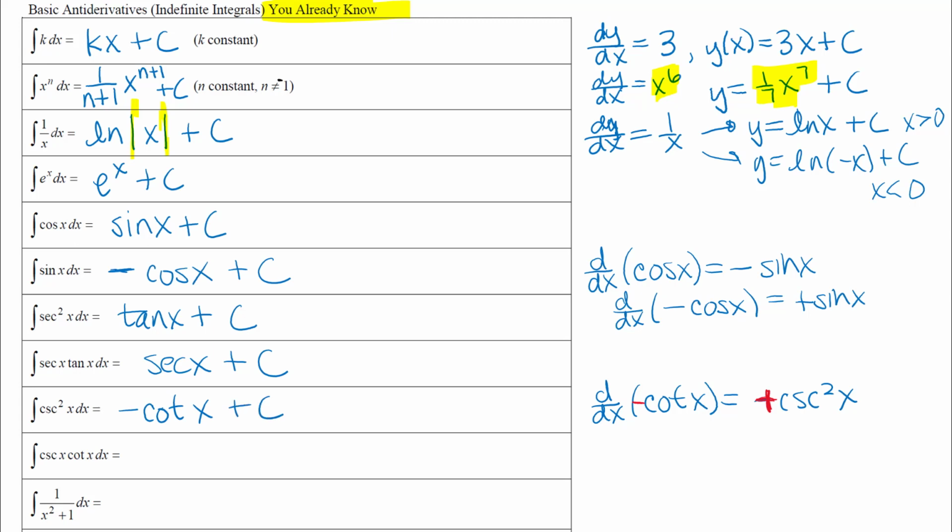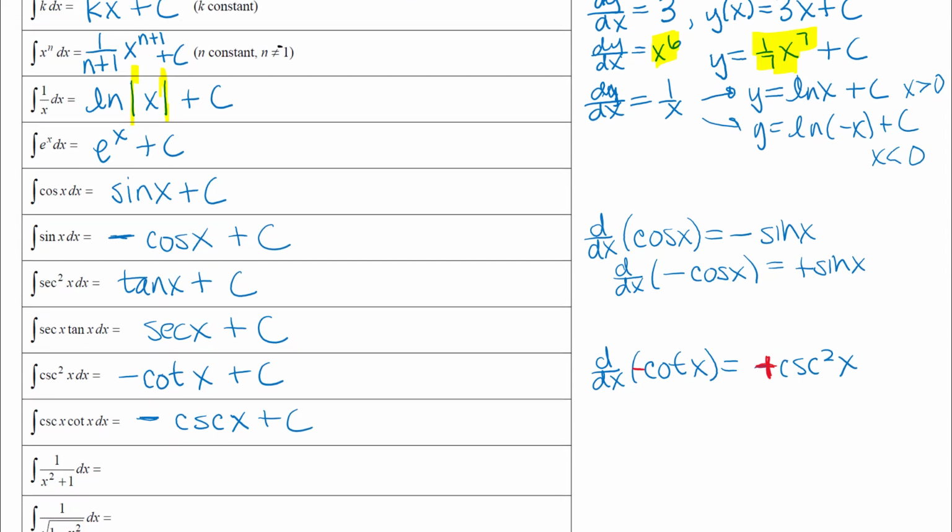All right, and similarly here, the derivative of cosecant is negative cosecant cotangent. So the antiderivative of positive cosecant cotangent will be negative cosecant of x, and plus c always on the end of all these.